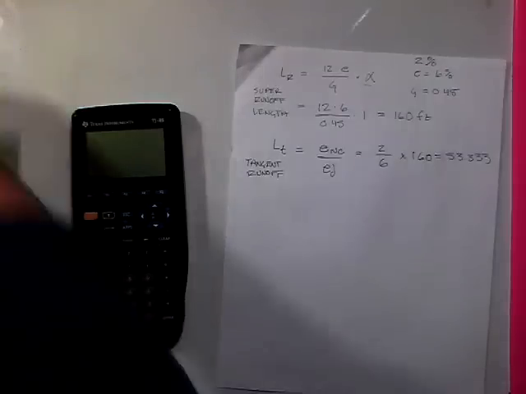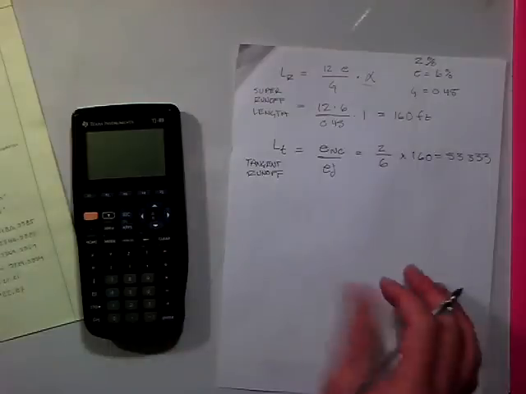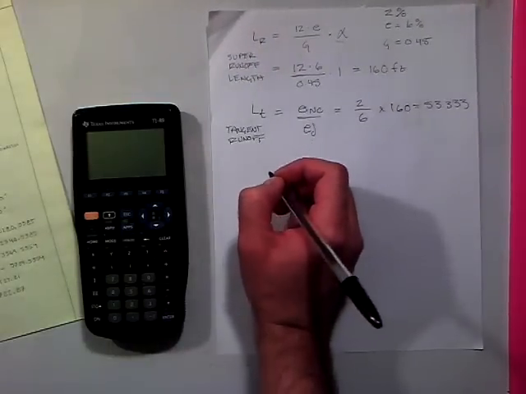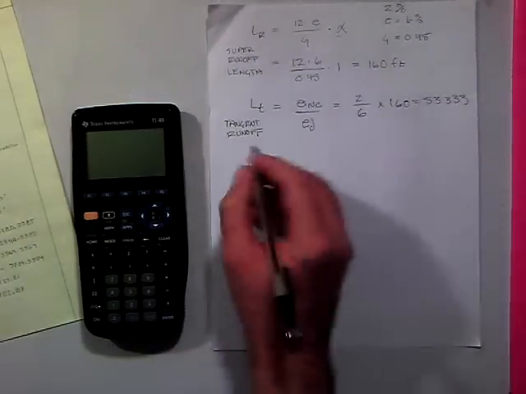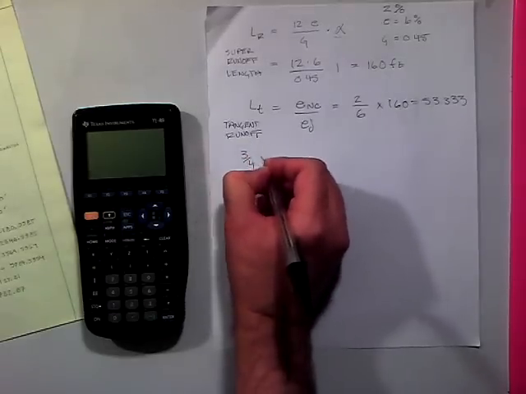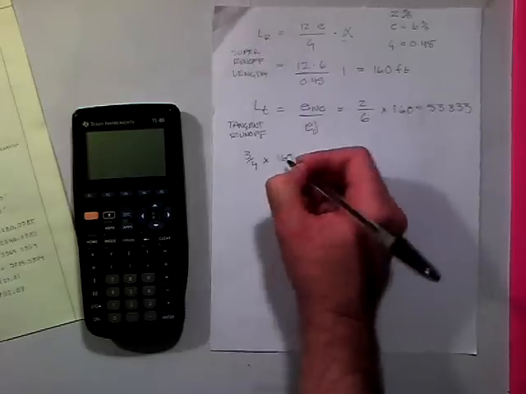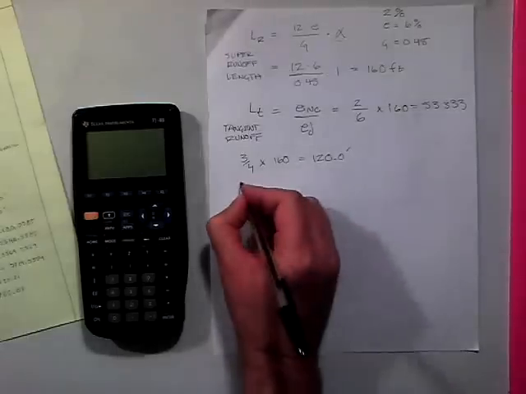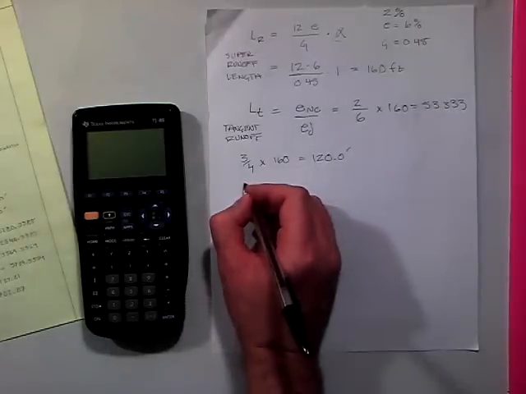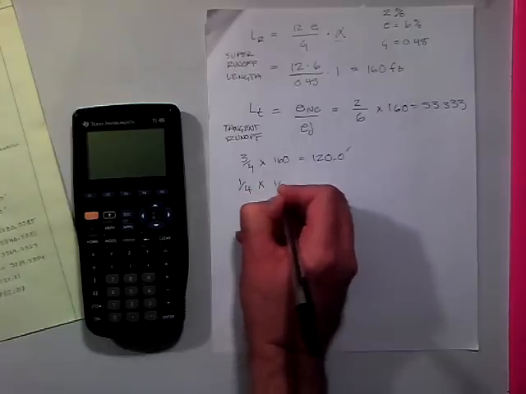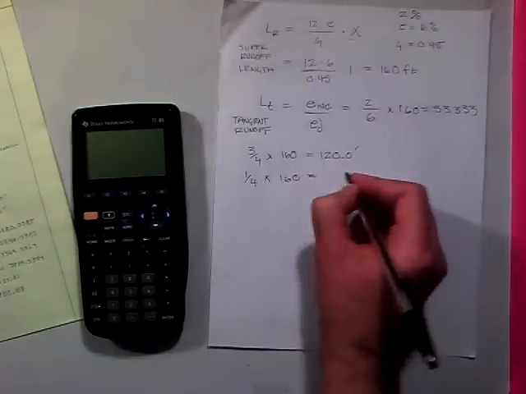So for this equation, it asked for 3/4 superelevation runoff, and so we can multiply 3/4 times 160 equals 120 feet, and then from our PC to our full superelevation runoff, that equals 40 feet.